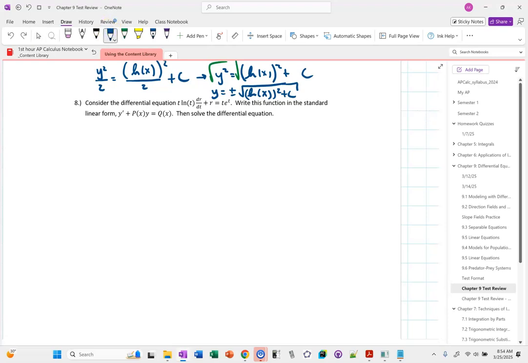So I'll divide both sides by t natural log t, right? That's supposed to be plus.